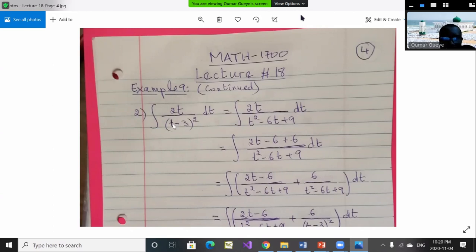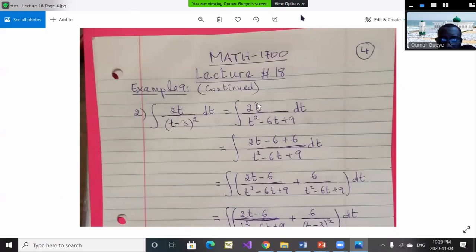But here, I just expand the denominator, and I got t squared minus 6t plus 9. And I realize that if you calculate the derivative of the denominator, it's going to be 2t minus 6, right?